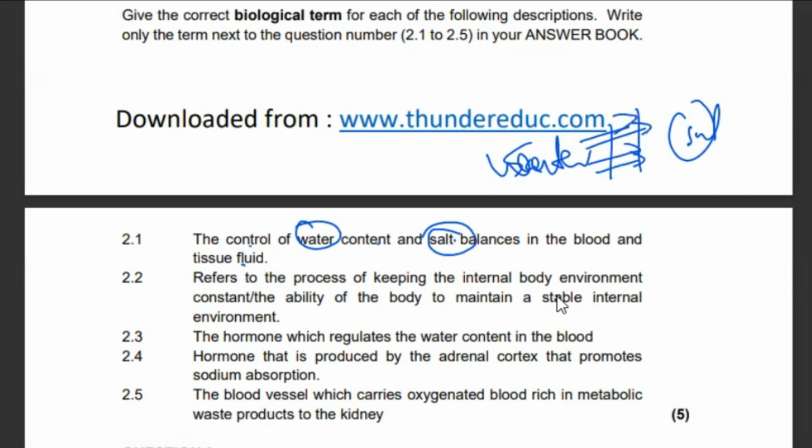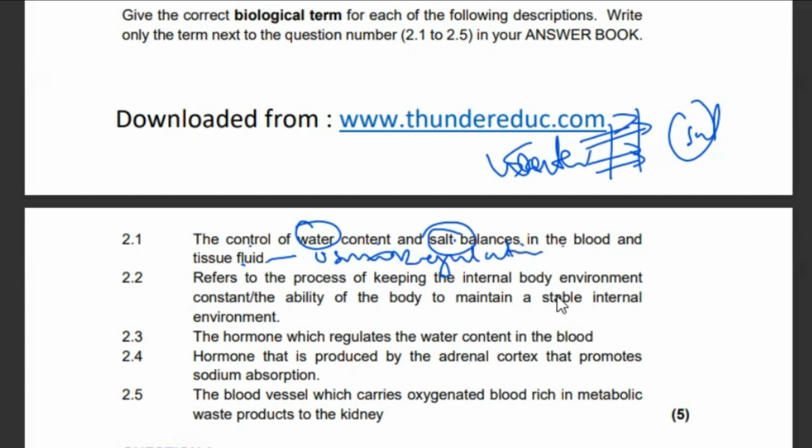So there must be a concentration gradient. The movement of water molecules from a region of low concentration to a region of high concentration is called osmosis. So the answer here becomes osmo. Yes, you are controlling, so regulating, it becomes regulation. So it becomes osmoregulation.